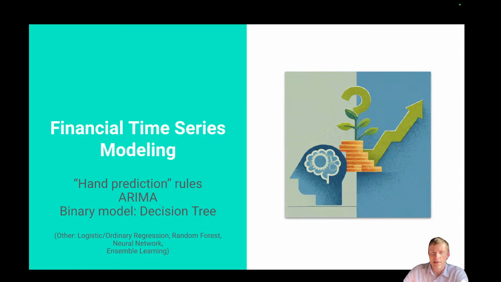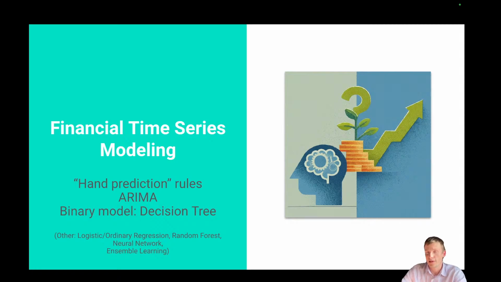Now let's start doing some modeling exercises. And first we will talk about hand prediction rules. That's a very similar idea with what we had previously in homeworks, simple strategies. Next it will be ARIMA statistical model, and finally it will be one binary model, decision tree. I won't cover today logistic regression, which is another binary model, or ordinary regression, which is a numeric model, random forest, neural network, or even ensemble learning.